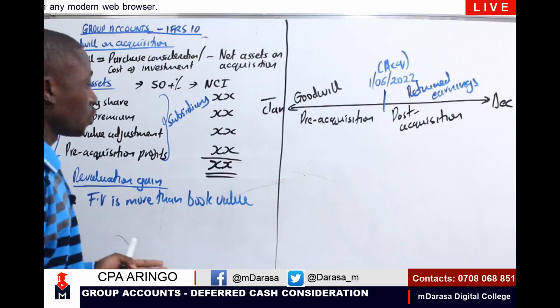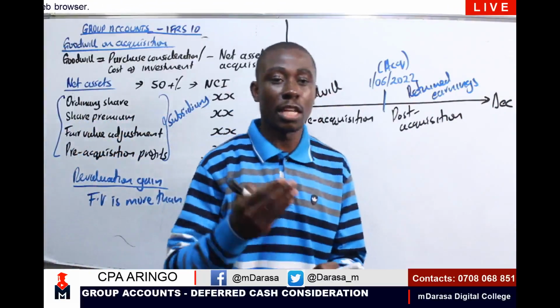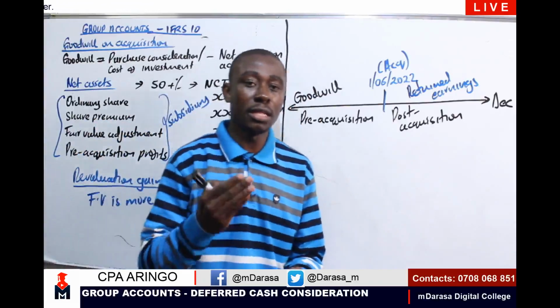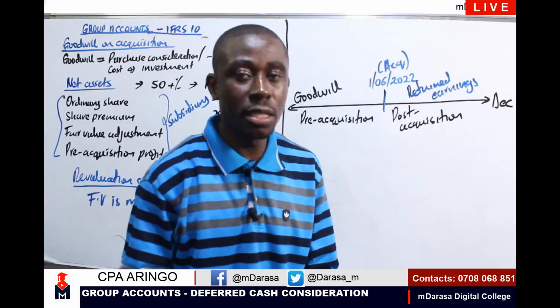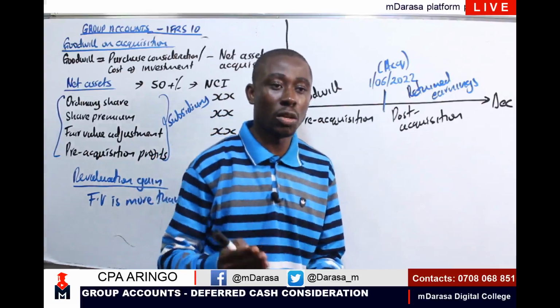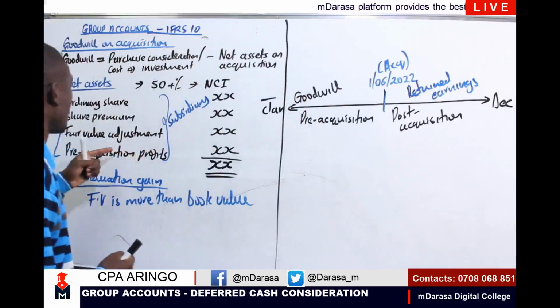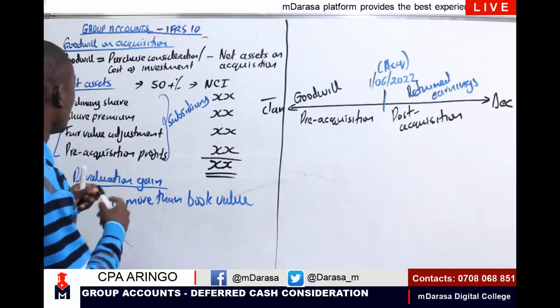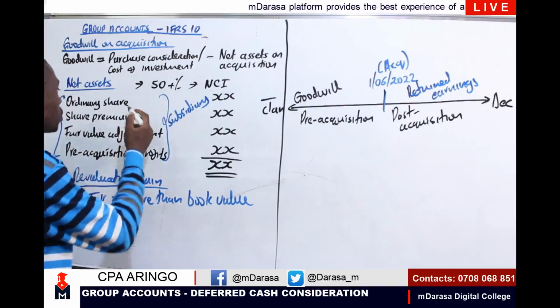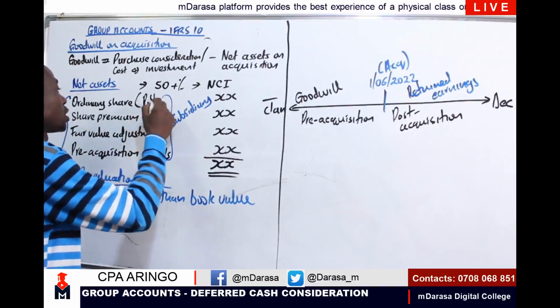We normally talk of two methods: the partial method and the full method. And this is very easy to distinguish. In the event that you are talking of partial acquisition, like in our case here, in determining our net assets I'll only be taking the parent share.